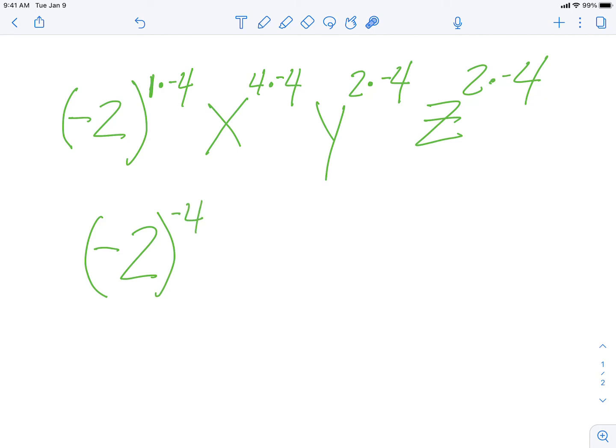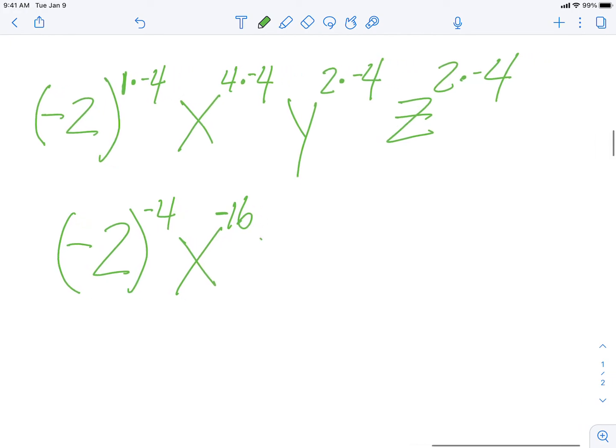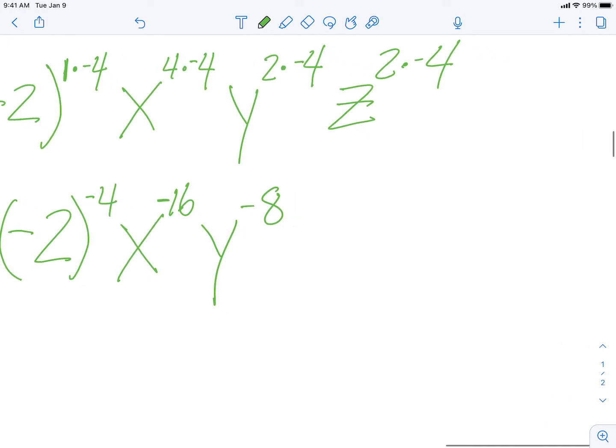Okay. 4 times negative 4 is negative 16, so I get x to the negative 16, just like that. Now, y, 2 times negative 4 is negative 8. And now z, 2 times negative 4 is negative 8 as well.